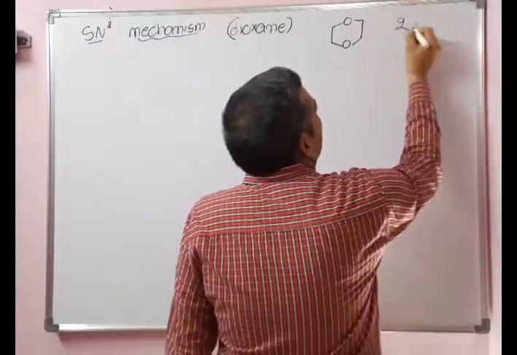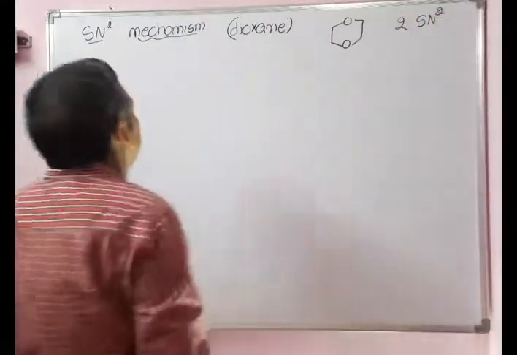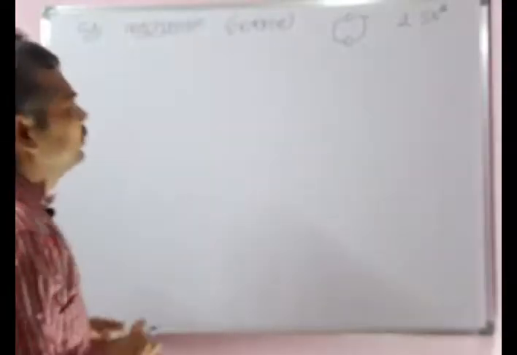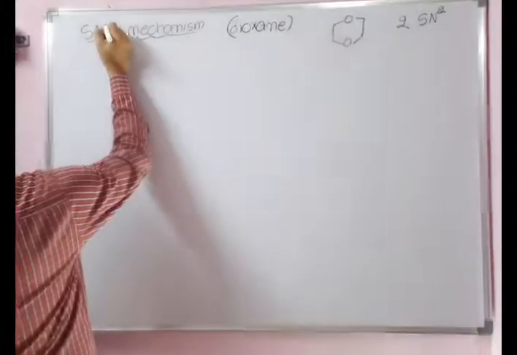Here, two SN2 reactions will take place. This is not an example of SNi. We are studying the SNi reaction, and if you use dioxane as a solvent, the mechanism will take place through two SN2 reactions.